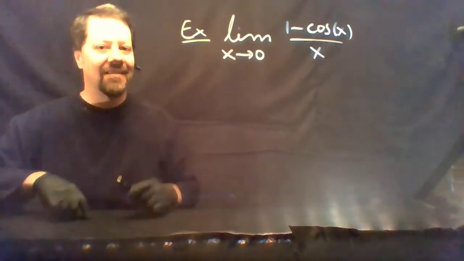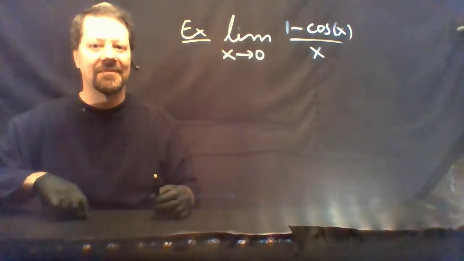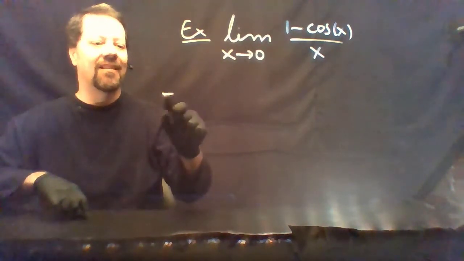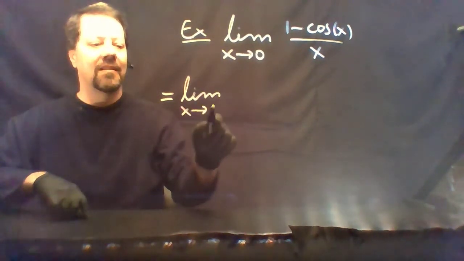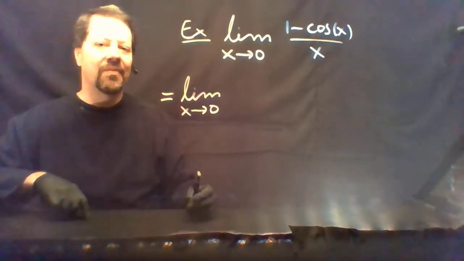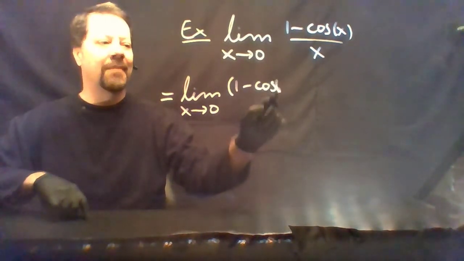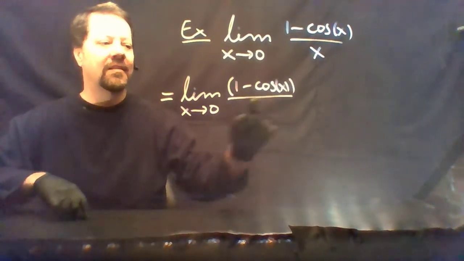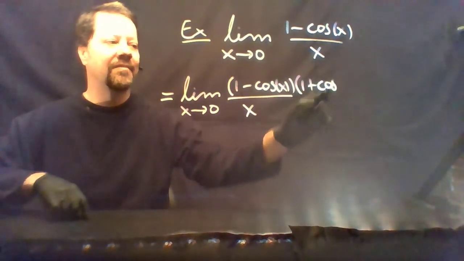And I want you to memorize the answer to this after we've proved it. What you can do is multiply both numerator and denominator by the conjugate of the numerator.